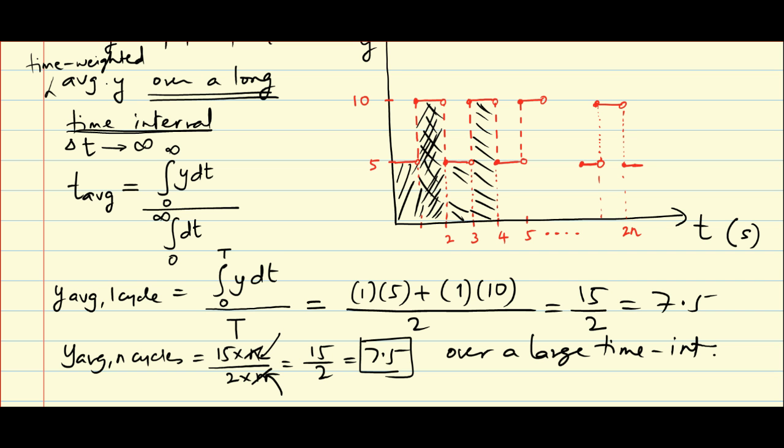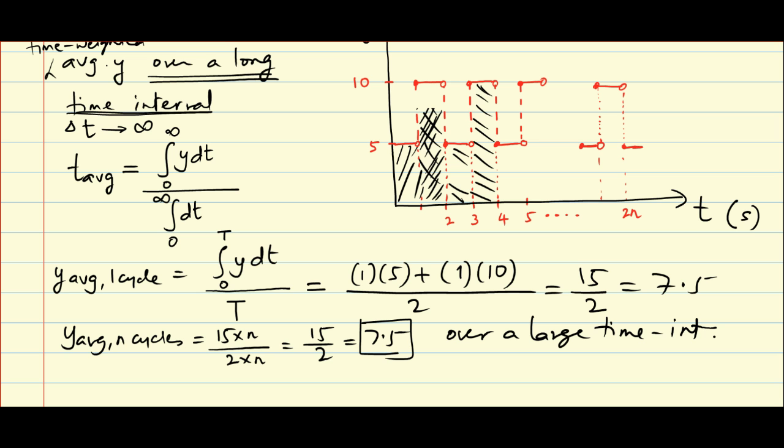So just look at this picture. I mean the one which I have drawn over here, in which I am considering that the time interval under consideration is from t equal to 0 to t equal to this point. You can easily see I've called this time 2n.